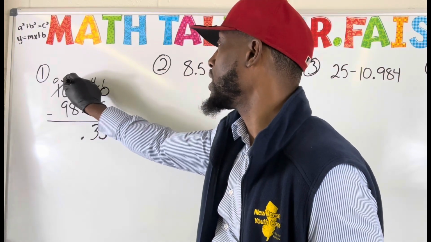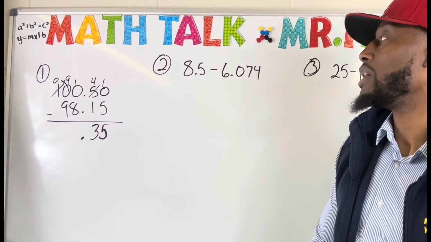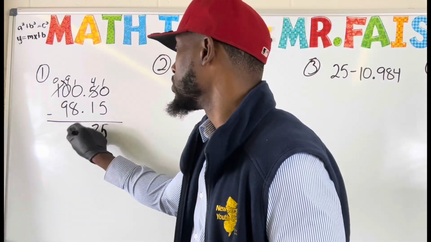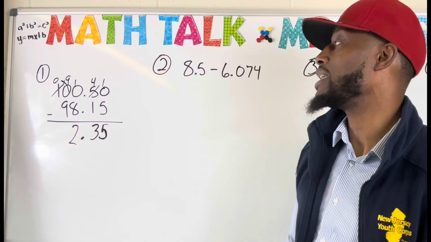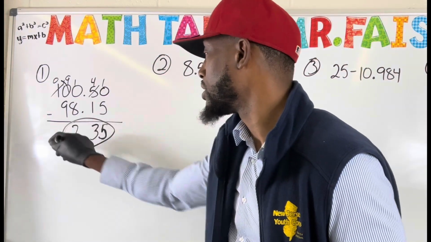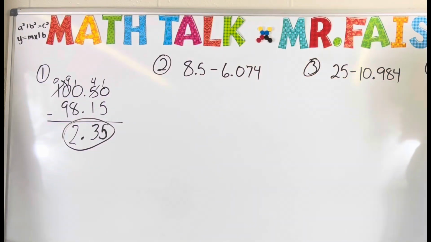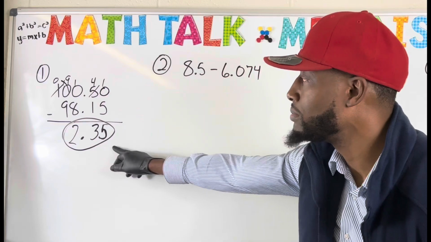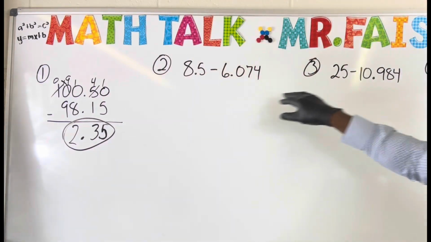So that becomes a 9, and this becomes 10. 10 minus 8 is 2. And then 9 minus 9 is 0. So it would just be 2.35.